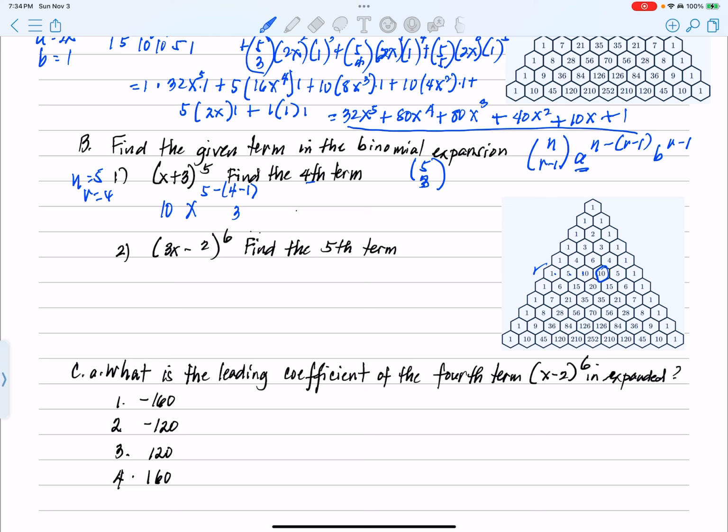So our r is 4 minus 1, that is 3. So that means we have 10, 5 minus 3, that is 2, x squared, and then 3 to the third power. Oops, I made a mess.